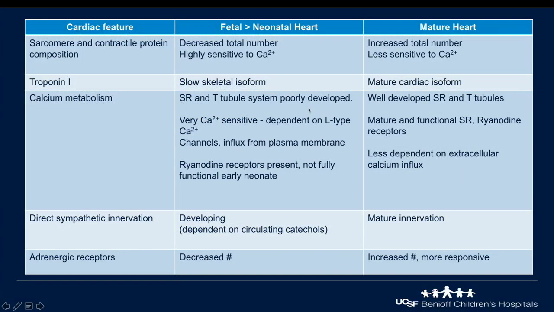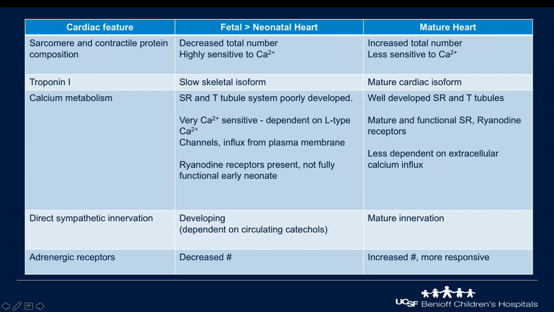This is a nice brief reference to summarize some of the developmental features that impact excitation-contraction coupling. So specific things to know that differentiate an immature heart is that there is a decrease in the total number of contractile elements.